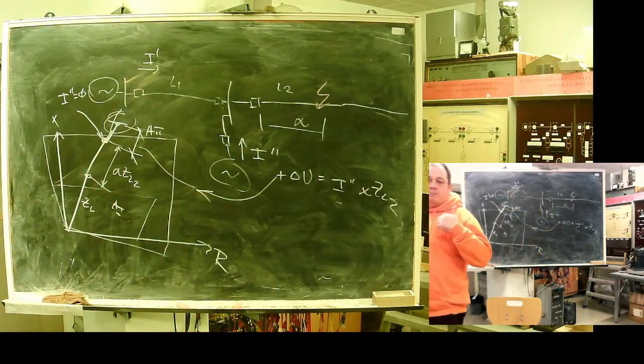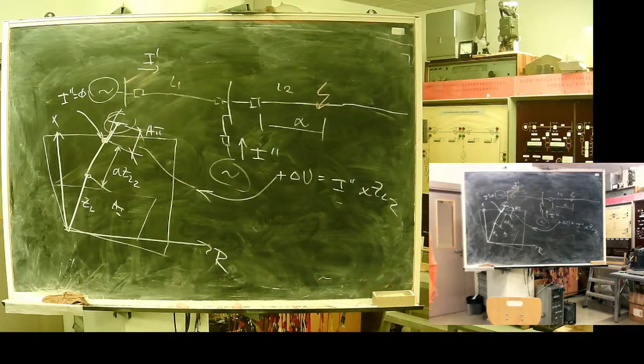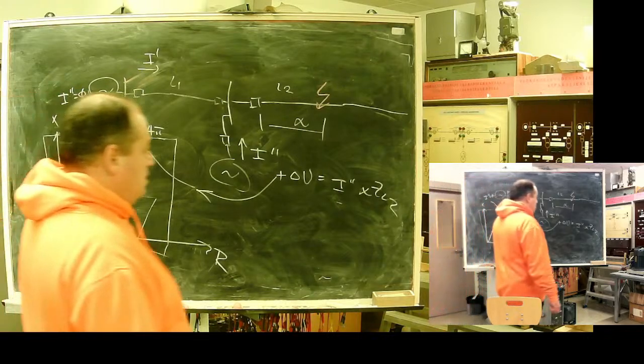A backup operation of our protection will be affected. We will see a fault that is really in our second zone, but it will move to the third. This effect is called zone shortening.